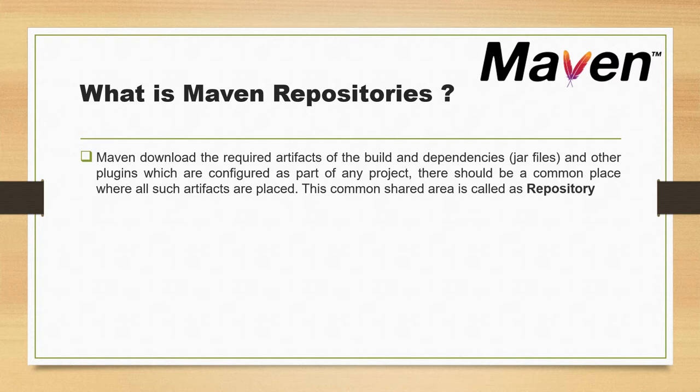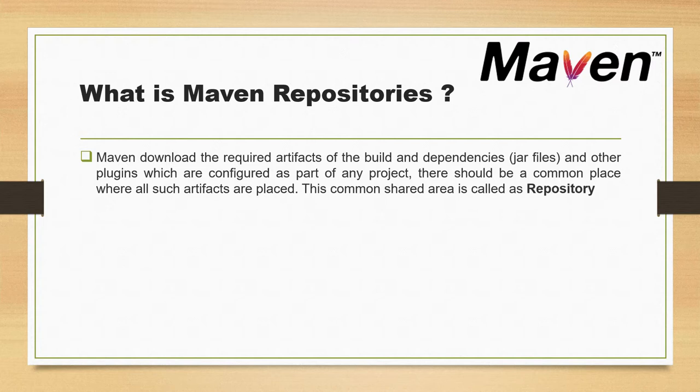As you know, Maven is a build automation tool, right? So in Maven we have a pom.xml. There we specify a lot of things, the main thing being all the dependencies on which our project depends, like all the libraries or jars or all kinds of plugins required to build your application.